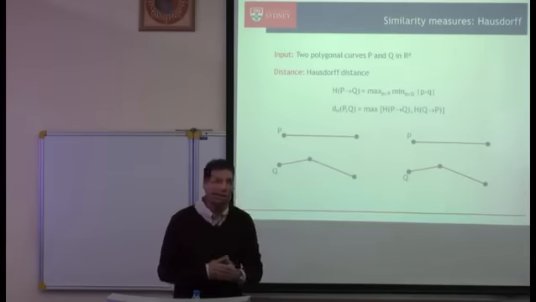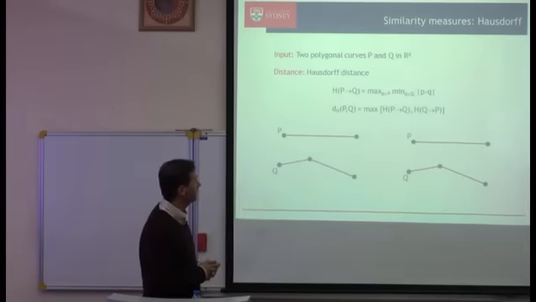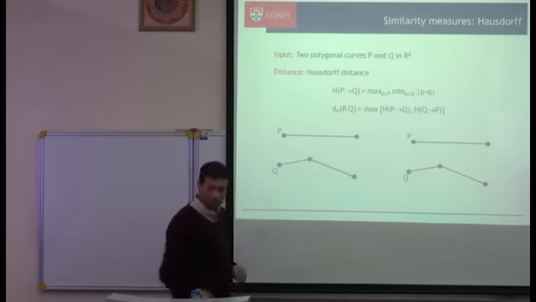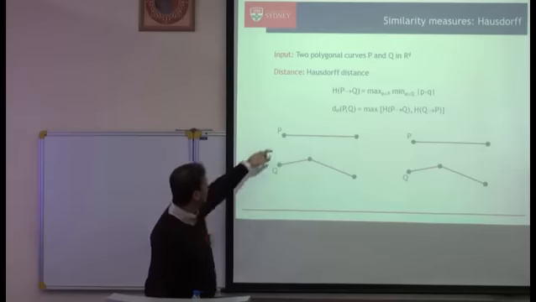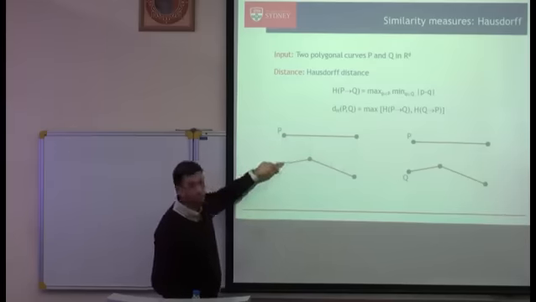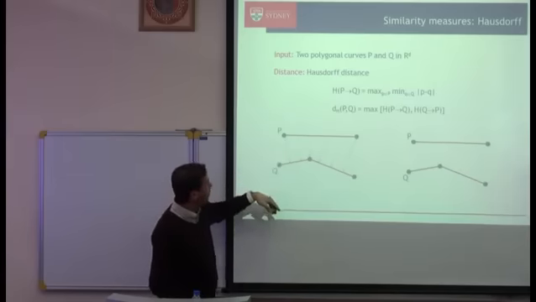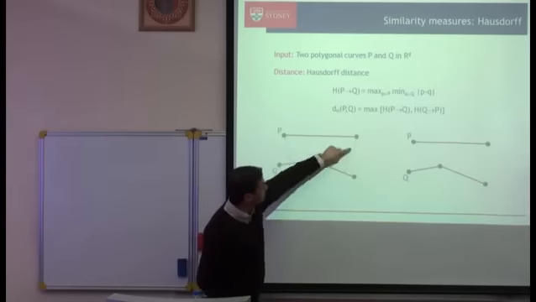That's our function h of P to Q. So in this case, for every point in P, we take the closest point in Q, and then you take the maximum over that, so maybe this would be this distance here.